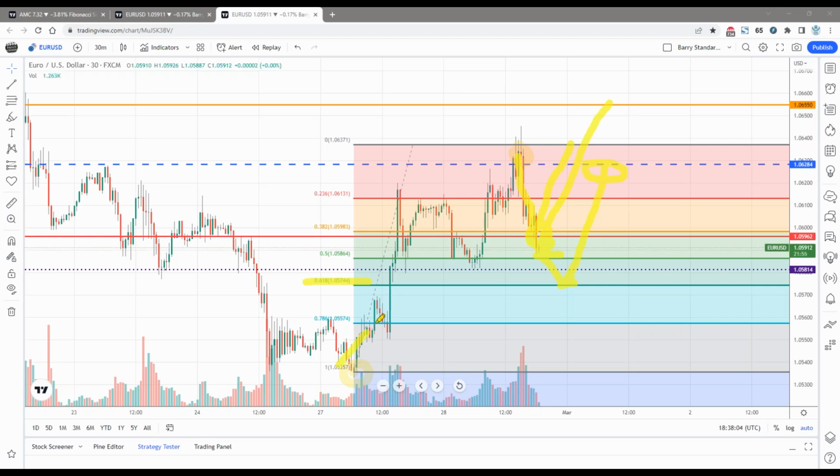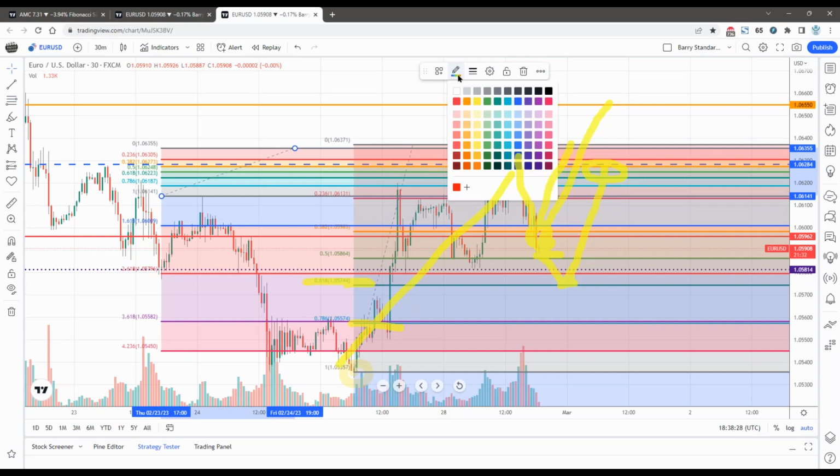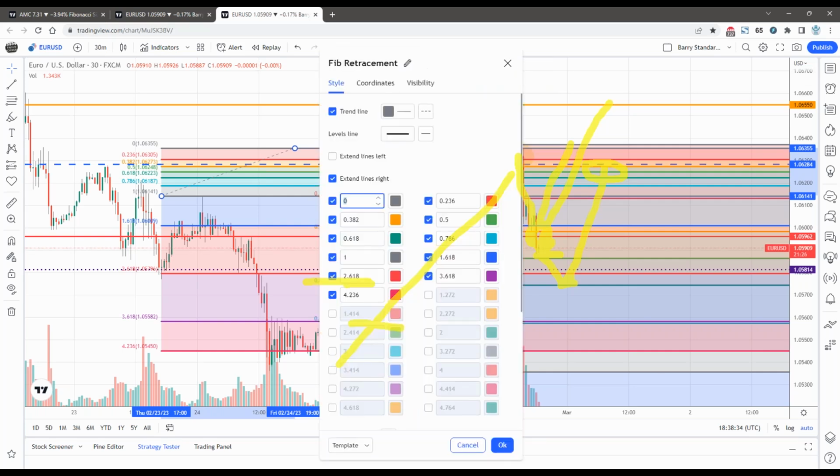so now we've learned how to put the Fibonacci levels on our charts. We've learned how to read the price levels. We've learned how to set them up. Again, you can have them not so overbearing. If you use a Fibonacci tool, you have the ability to set it in the rainbow. I happen to like the rainbows. You have the ability to set it with no background colors and just have lines.